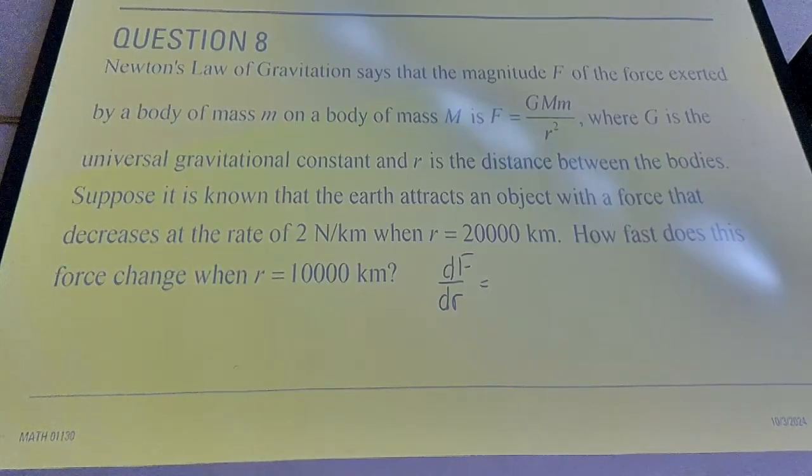So it's a scalar times 1 over r squared. Scalar multiple rule. So we just want the derivative of 1 over r squared. What's the power of r? So what's the derivative of 1 over r squared? -2 over r to the negative third power.